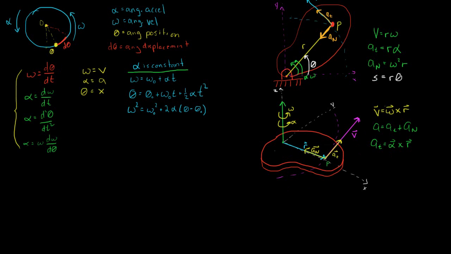Now, the normal acceleration is a little trickier. The normal acceleration is going to be equal to this expression. It's going to be equal to the angular velocity crossed with the angular velocity crossed with the displacement. And let's look at this for a second. Let's look at this part right here.